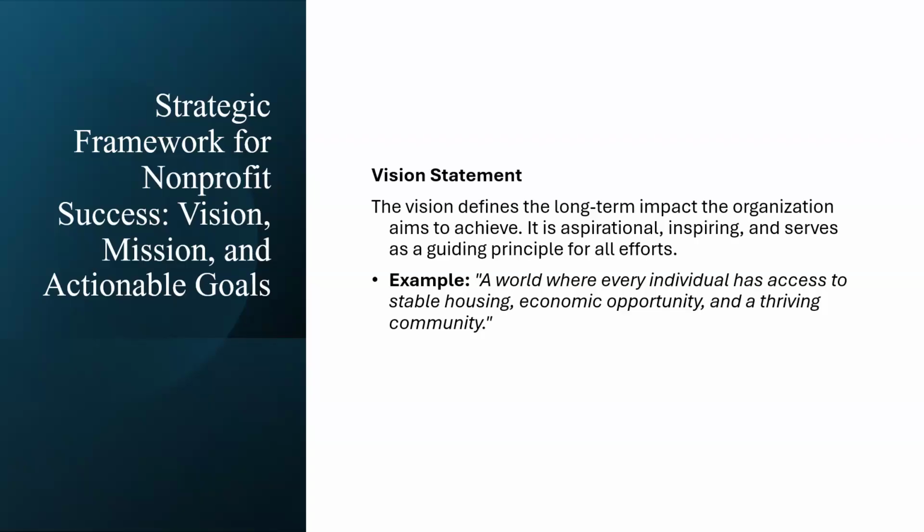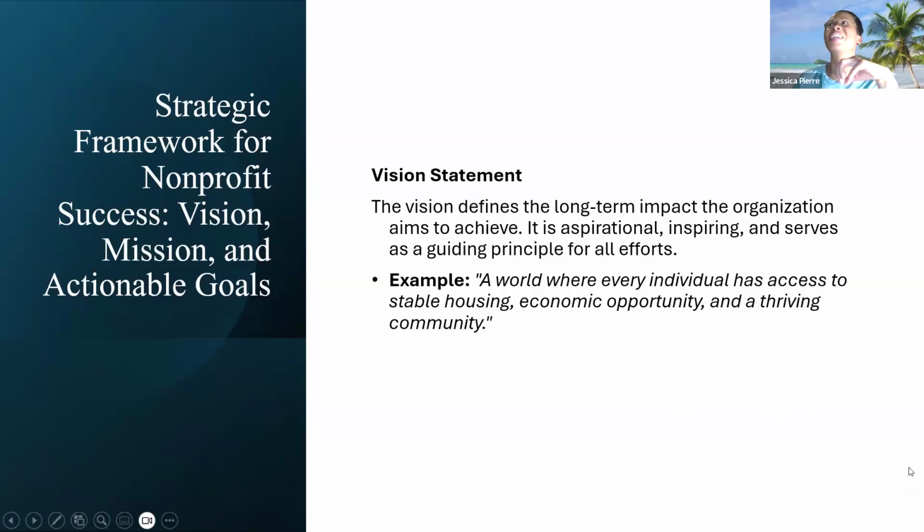So the vision statement is that thing that talks about what you want the world to look like. What does the world look like in terms of the long term? The vision statement is like, for Dr. King, what was his vision statement? Do you remember? I know it's been a minute.